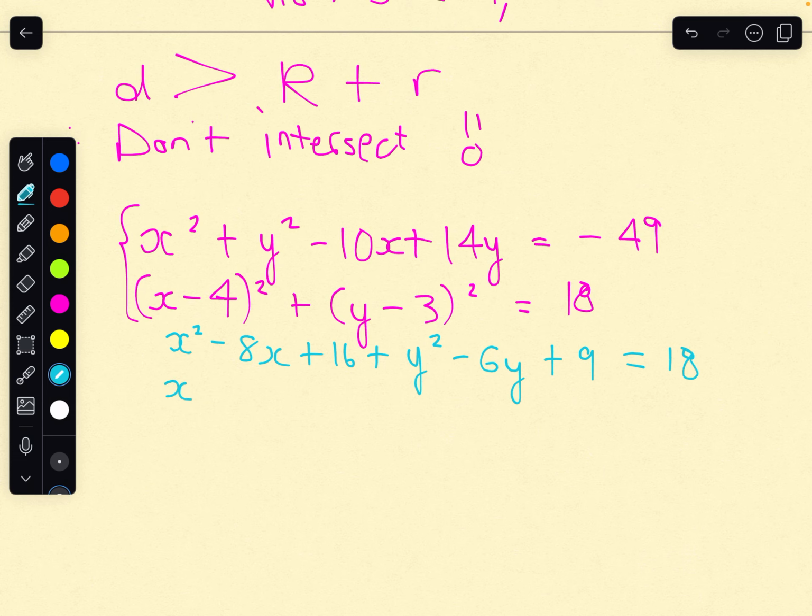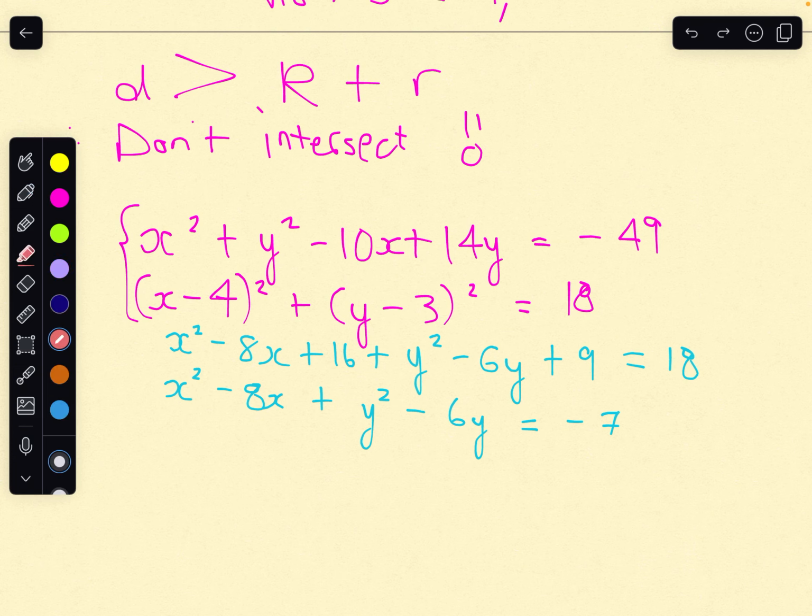So this would be x squared minus 8x plus y squared minus 6y, and then 16 plus 9 is 25. 18 minus 25 is minus 7. So this is pretty much this equation written in a different way.